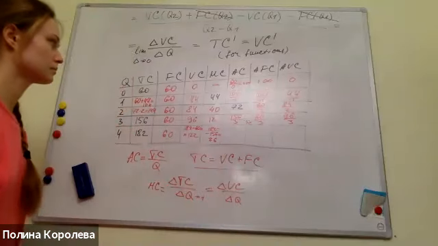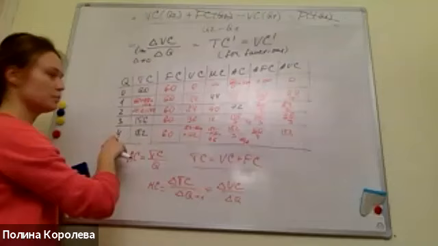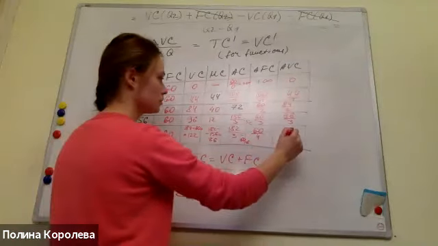Then the next one is 182 divided by 3, which is 60.6. Then 60 divided by 4. And the last one is 122 divided by 4, which is 40.6 approximately. Yes, divided by 4, of course.